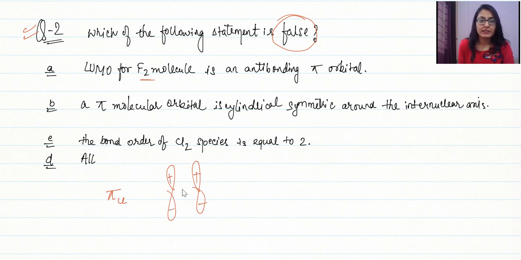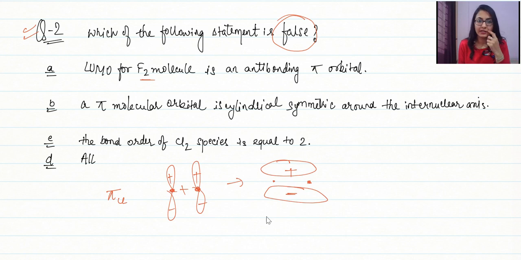If these are the two nuclei, it forms a cloud above and below, but it is not cylindrically symmetrical. One pi molecular orbital only has a cloud above and below with opposite phases, and there is a nodal plane on the internuclear axis. So definitely option B is incorrect.